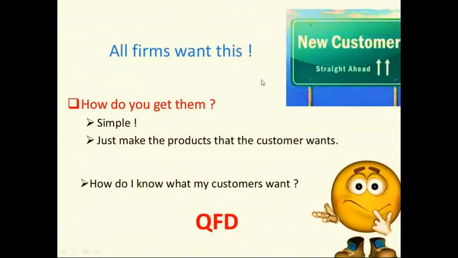The old customers are not sufficient. They will have to add new and new customers so that they can always be ahead in the market. So how do you get them? It is very simple. You just make the products that the customer wants. And how do I know what my customer wants? That can be carried out using the QFD.